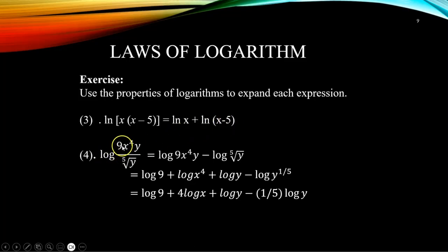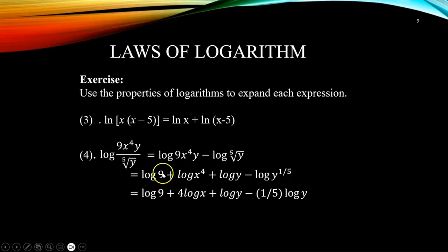Next, logarithm of 9x to the 4y all over the fifth root of y. So what we did here was we clumped all together the numerators. So that is written as logarithm of 9x to the 4y minus everything in the denominator, logarithm of fifth root of y. And then each of the terms in the numerator, 9x to the 4y, was separated as a sum.